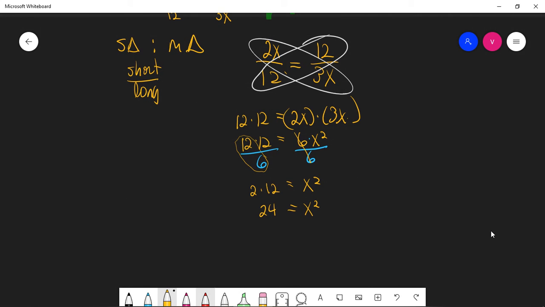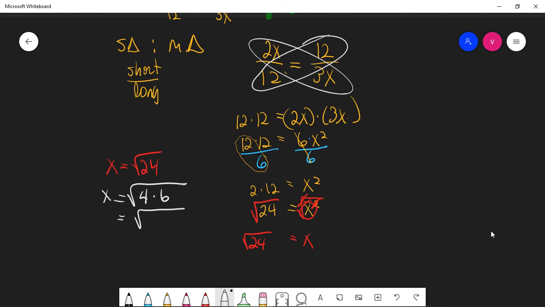This is not that hard. It's just maybe a little bit longer. And then to undo the squared, you just take the square root of both sides. So the square root and the square will cancel out, leaving you with the x. Square root of 24. X equals square root of 24. So let's just factor that out. 24 is the same as 4 times 6.